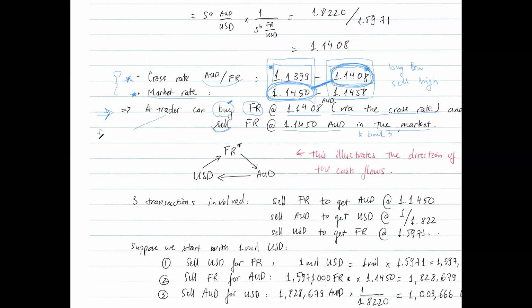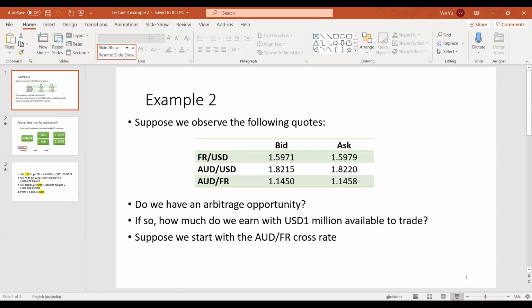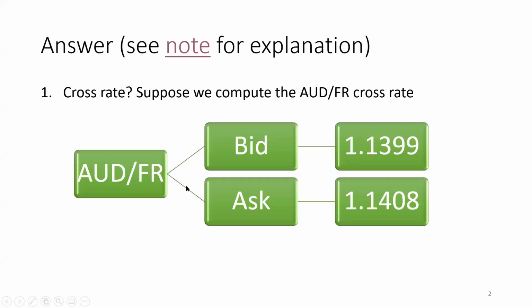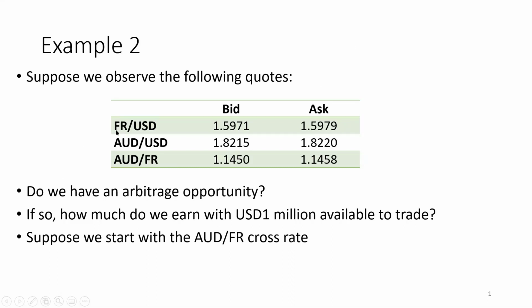With the buy transaction, I'll be buying the franc through the first two banks, which means, if we go back to the slide here, in buying the franc through the first two banks, I'll be exchanging the USD for the franc from the first bank, and then exchanging the Australian dollars for the USD in the second bank, right?